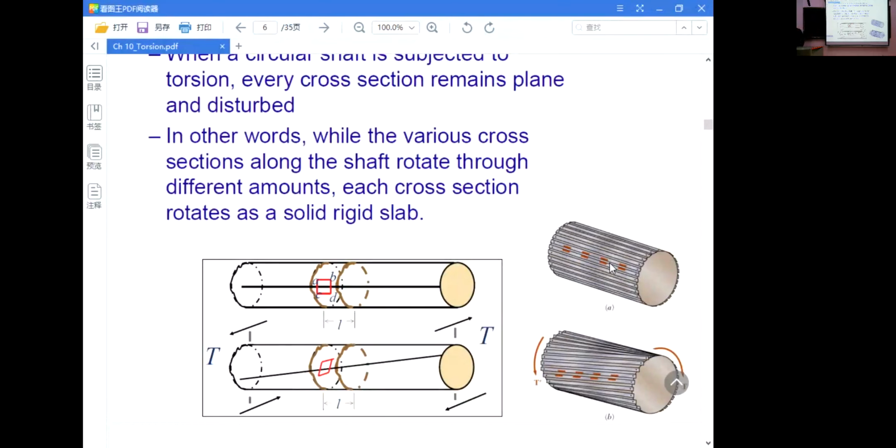What is this? Shear strain. How to define shear strain? Can you remember it? The change of the right angle. So this angle is the shear strain for this point.